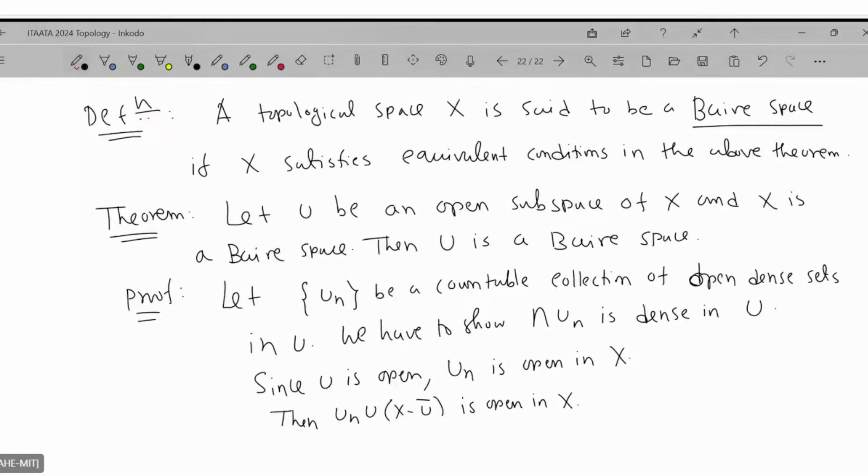Or whatever, if you take a closure of it. A union B closure is A closure union B closure. So Un closure union X minus U closure.